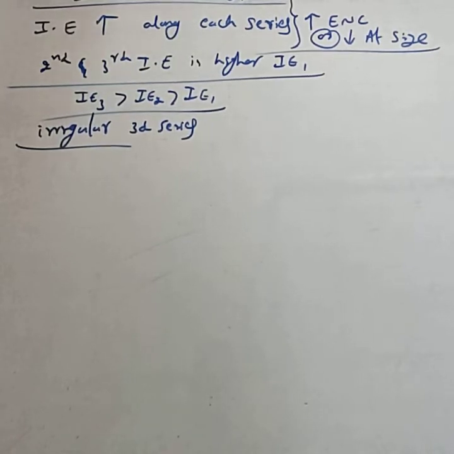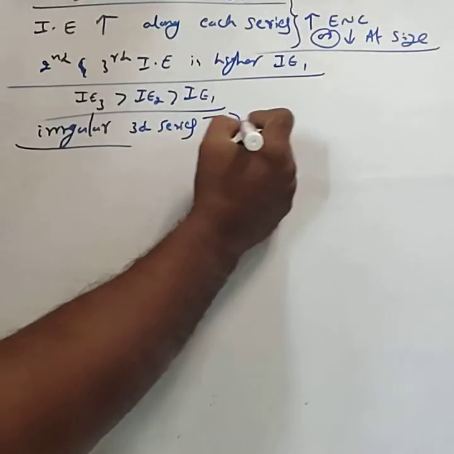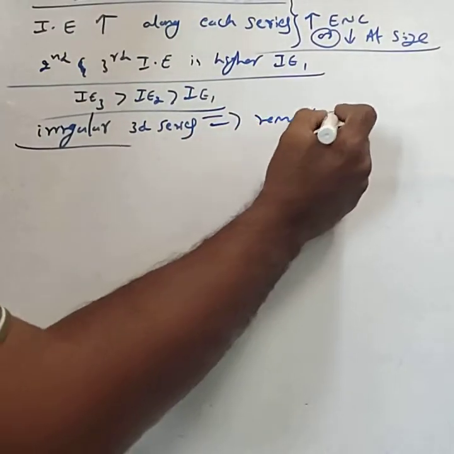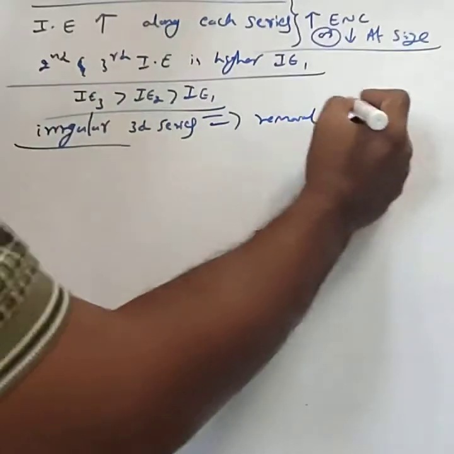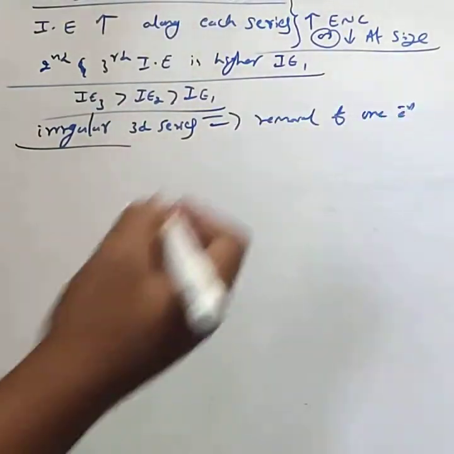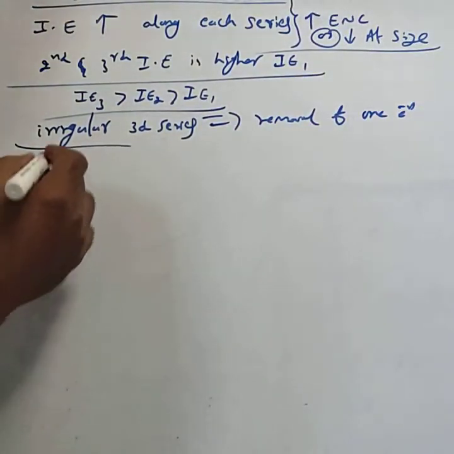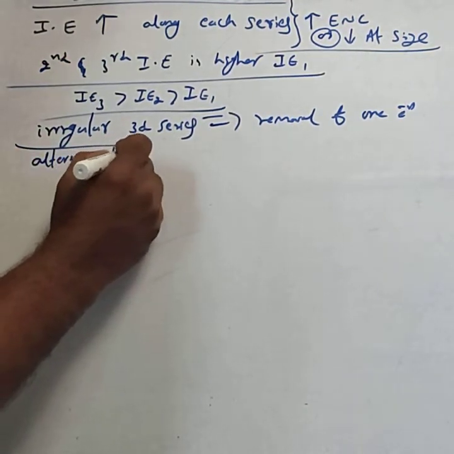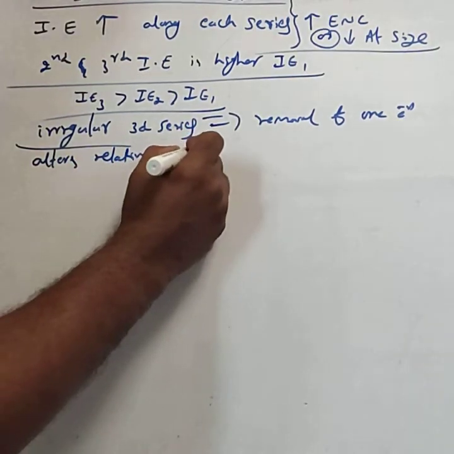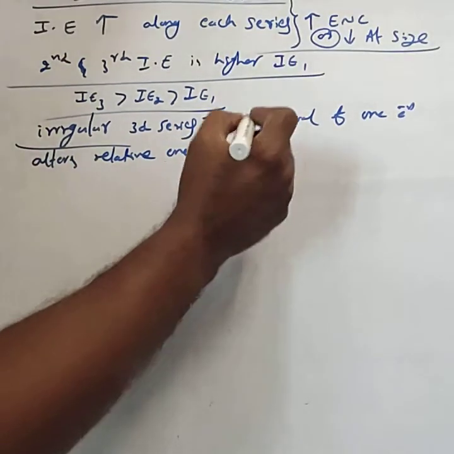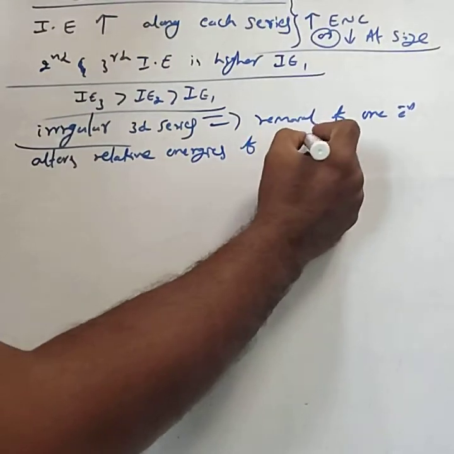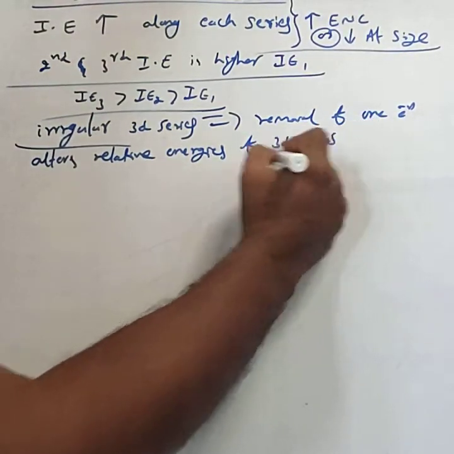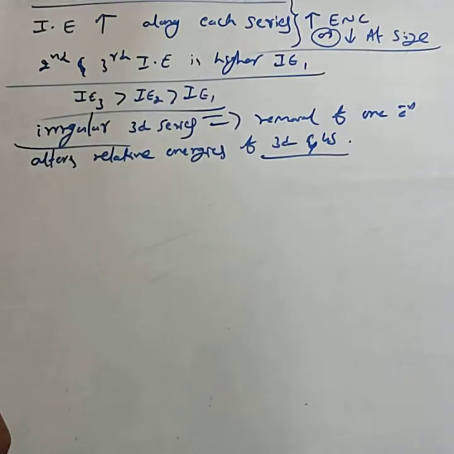That is due to the removal of one electron, which alters the relative energies of 3d and 4s. Hence, there is an irregular trend in the ionization enthalpies of the 3d series.